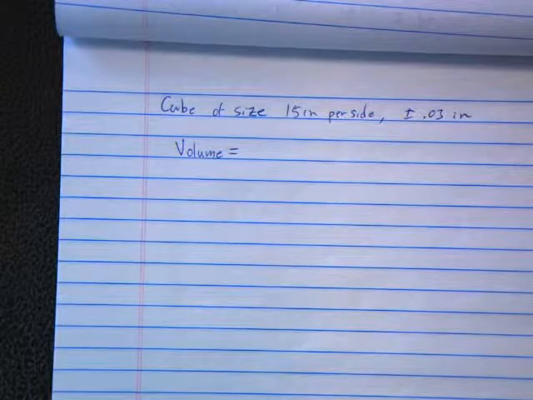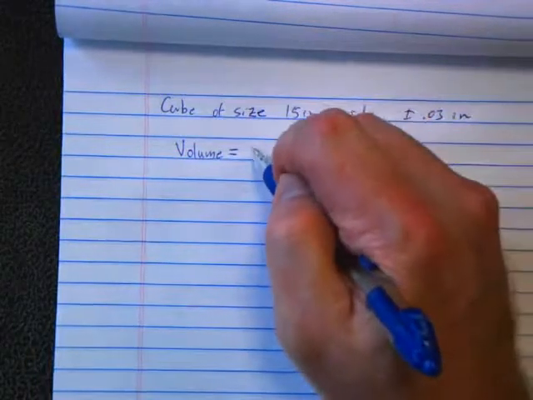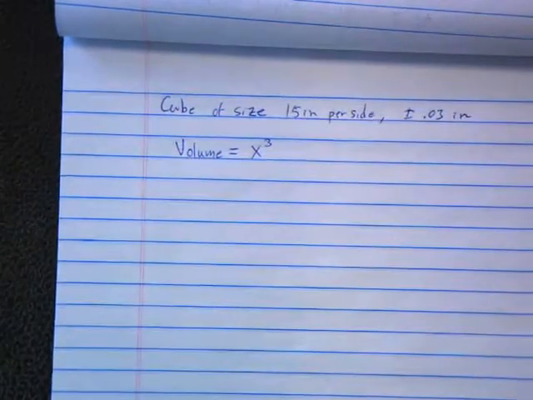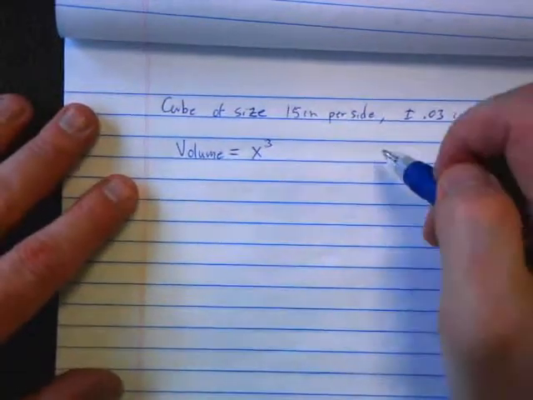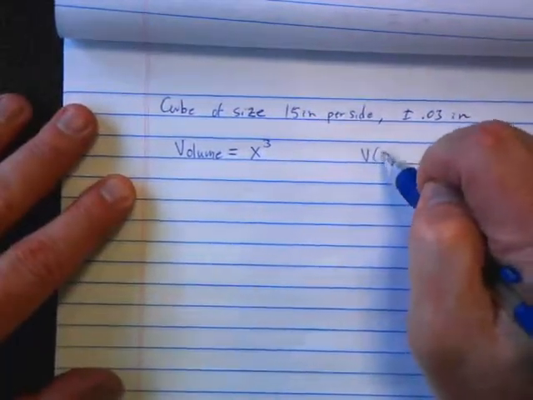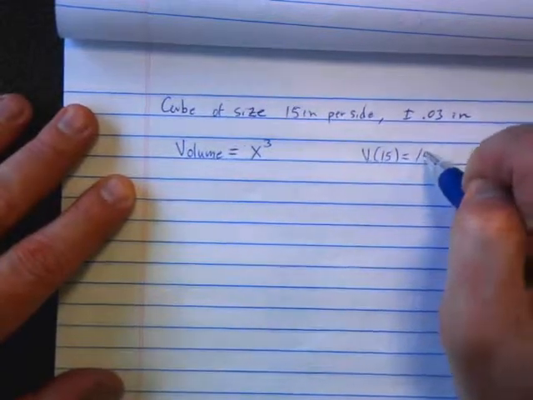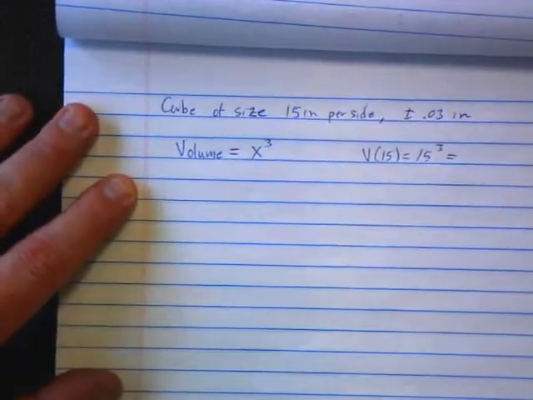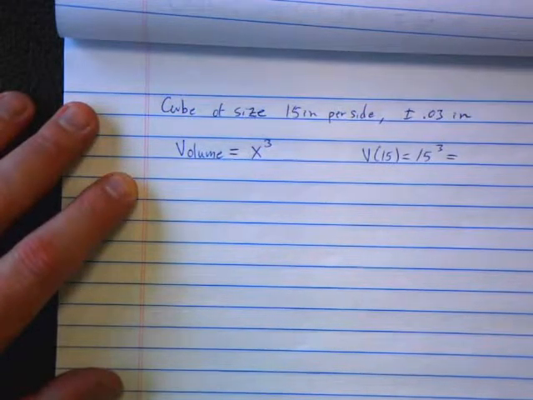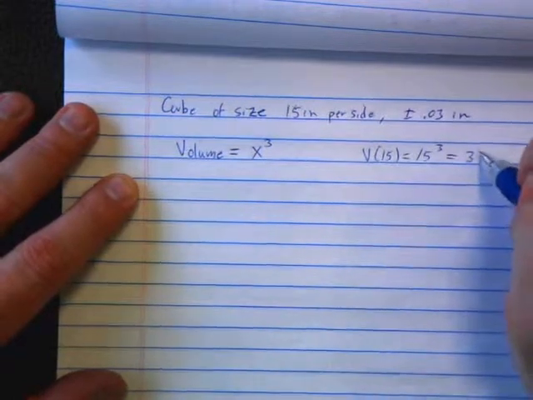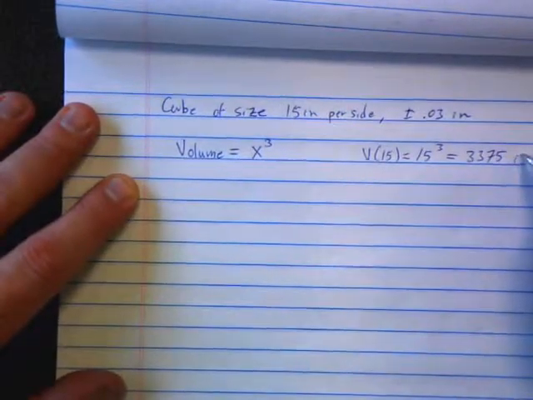How do you find volume of a cube? Side cubed, so it's just going to be x cubed, correct? So what the volume should be is exactly 15 cubed. How much is 15 cubed? 3,375 cubic inches.